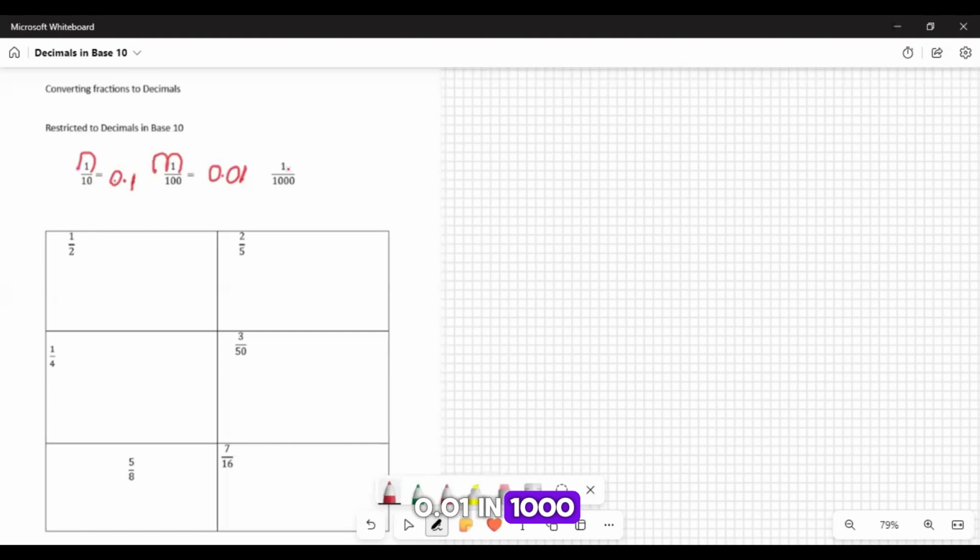In 1,000, we're going to move three times, so 1, 2, 3. So this is written as 0.001.